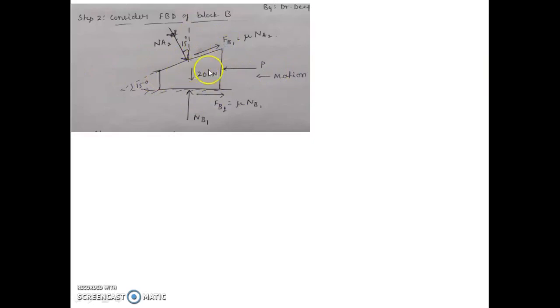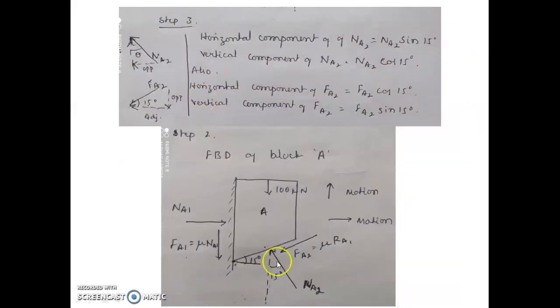The wedge is in contact with the block here, so one friction force will be developed here. Another is the wedge in contact with the horizontal surface, so one more friction will be developed on this surface, and there is a reaction also. You can see this from the free body diagram. This Na2 is equal to that Na2.